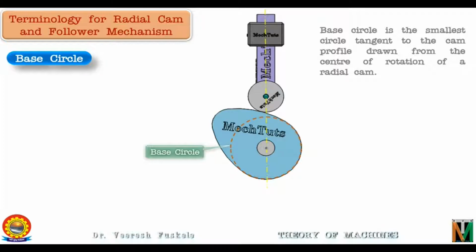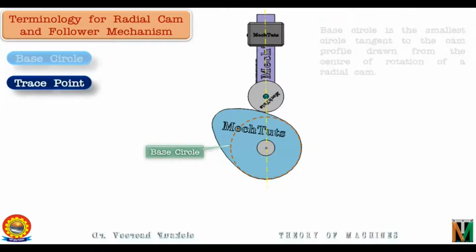Next, we discussed the trace point, which is the point describing the motion of the follower, or which is used to trace the pitch curve or the profile of the cam. We also discussed that in case of roller follower, the trace point is at the center of the roller.